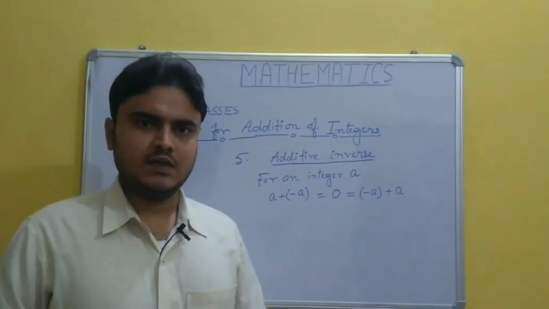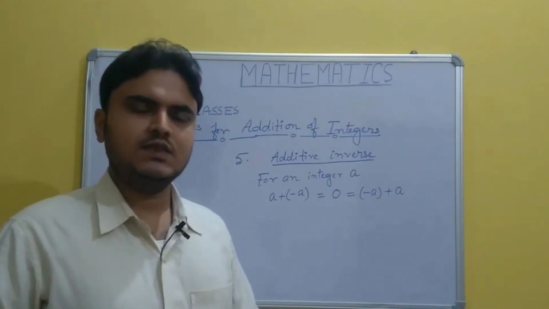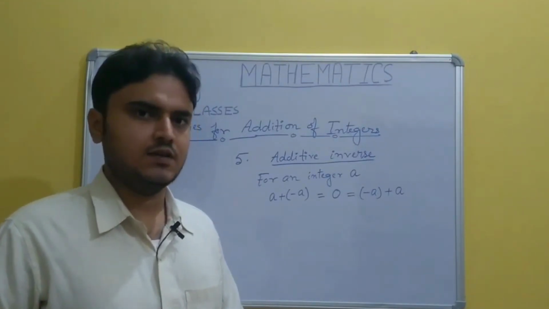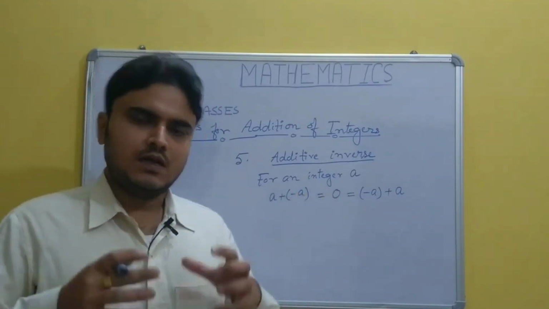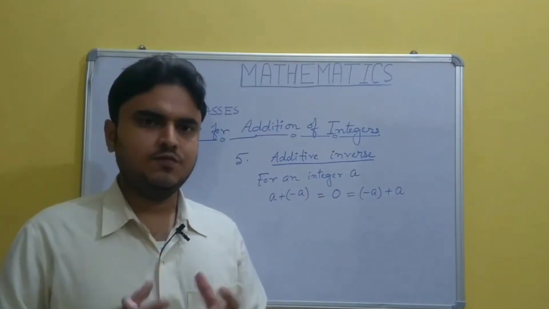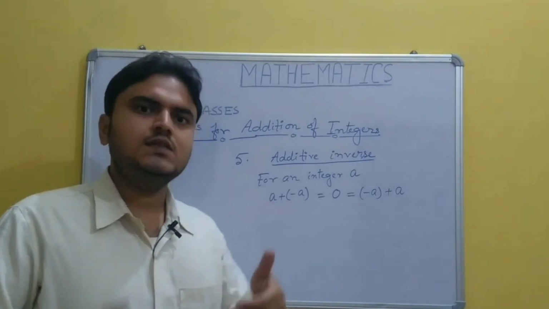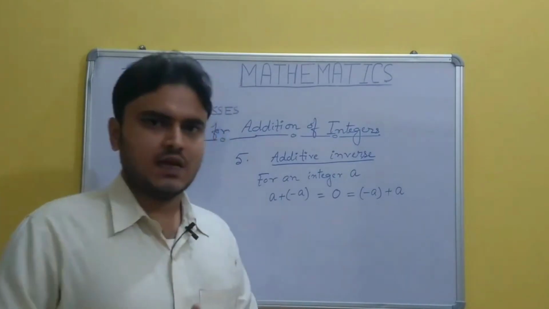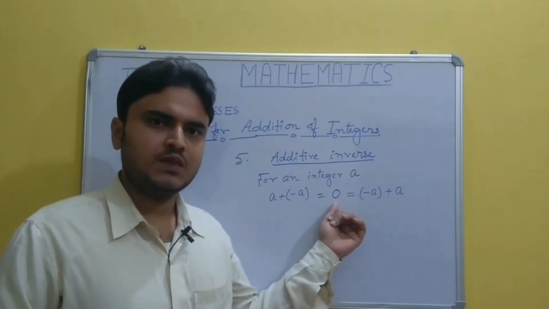Now the next property is additive inverse. What is additive inverse? Similarly, just like additive identity, for an integer number a, it may be a positive integer or it may be a negative integer. If we add a positive integer with its opposite sign, that means a negative integer, we will get 0.